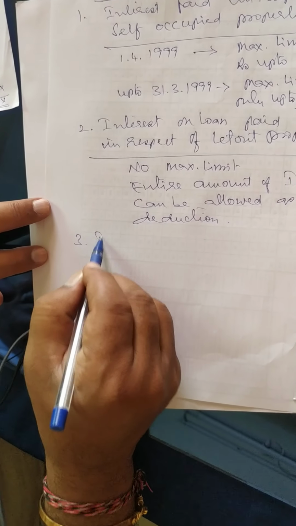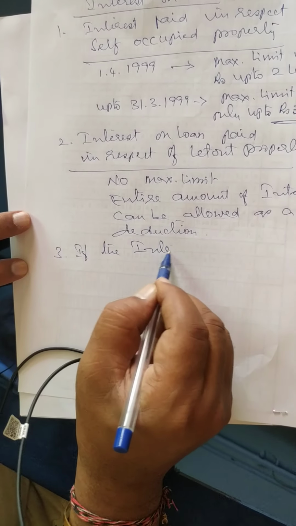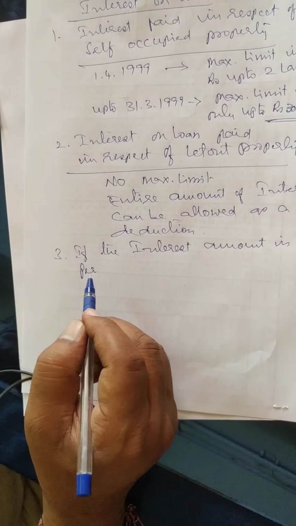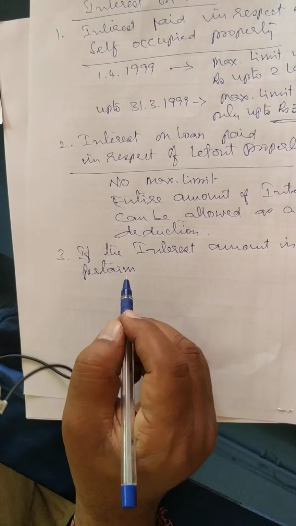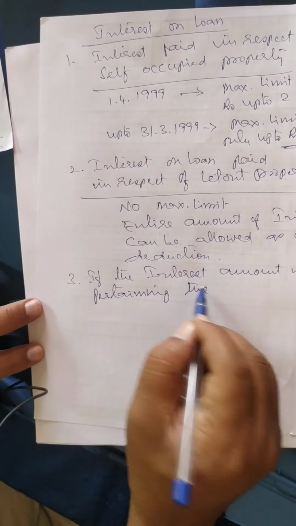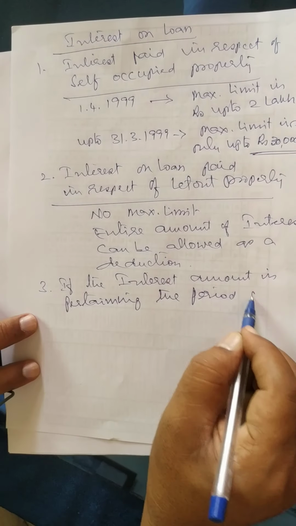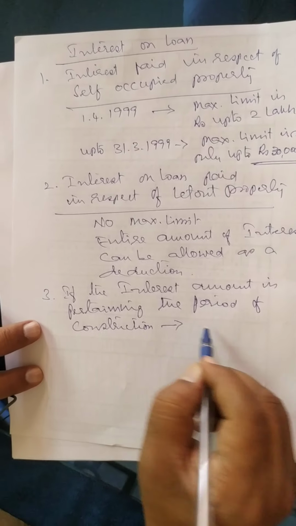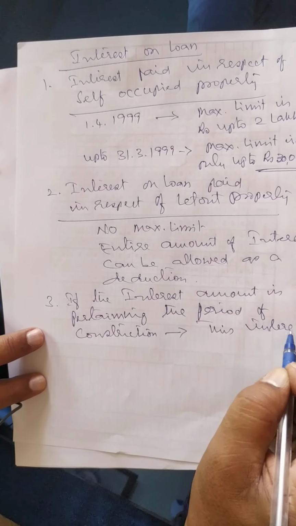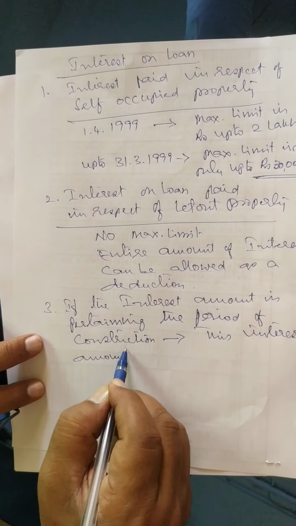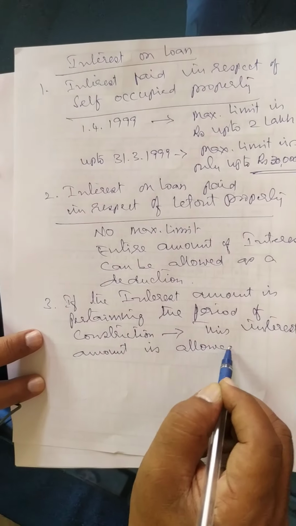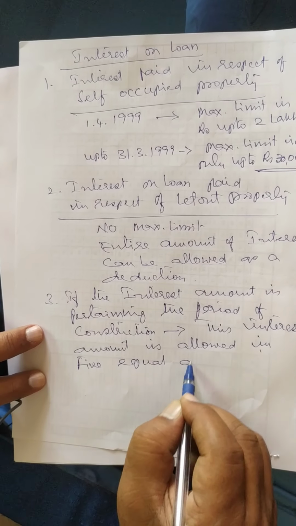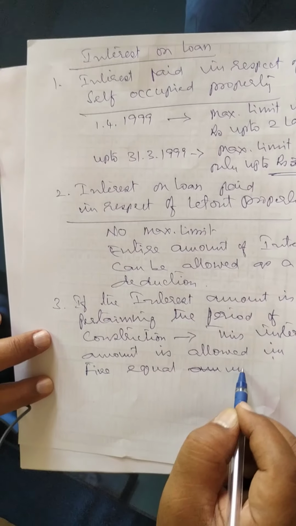And the third point is, if the interest amount is pertaining to the period of construction, this interest amount is allowed in 5 equal installments.